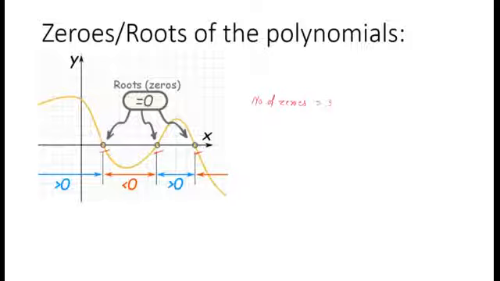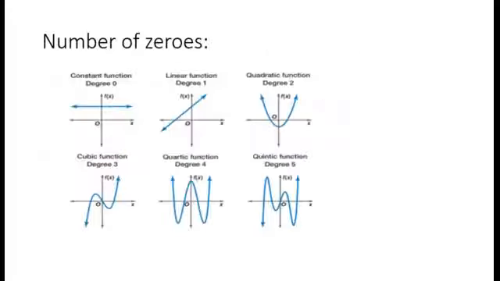Let us see a few more examples and then we will be able to find out how many roots or zeros there are. Here you can see it is a constant function, then degree 1, which is a linear function. For a quadratic function which we have discussed right now, the degree is 2 and the graph is also touching the x-axis 2 times.